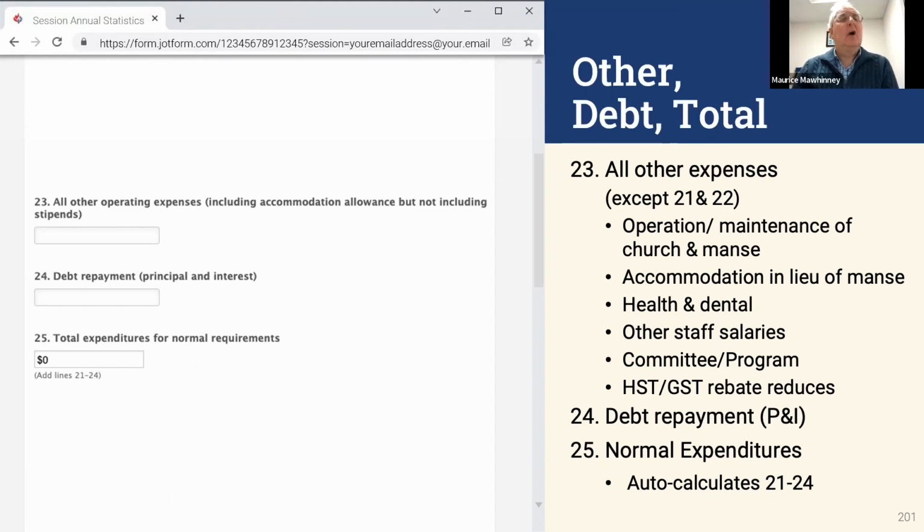On line 24, you can fill in the debt repayment. Now that includes both interest and principal, but normally if you've got a loan or a mortgage, it's sitting on the balance sheet. So when you make your payment, in your financial statements you're going to reduce your principal outstanding. That will be a debit to your balance sheet, but then you'll also have a debit for your interest in your operating statement. So these numbers will not exactly line up.